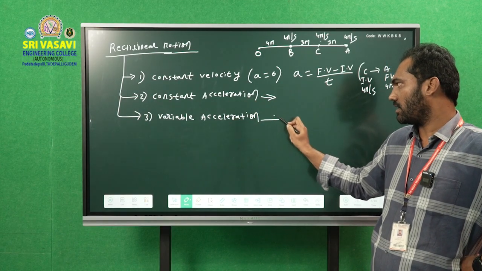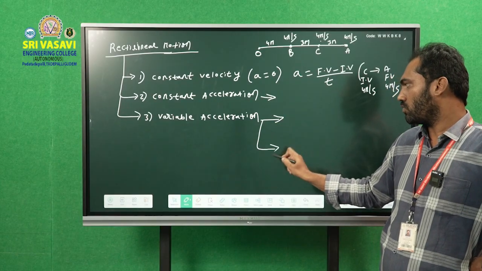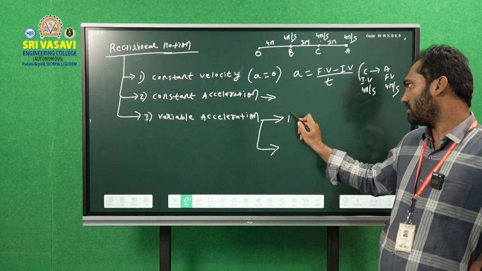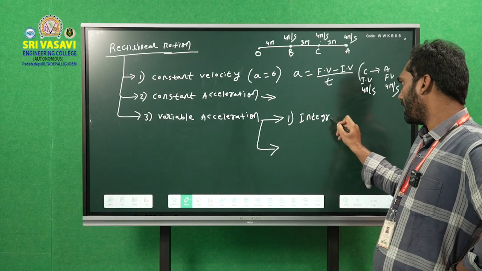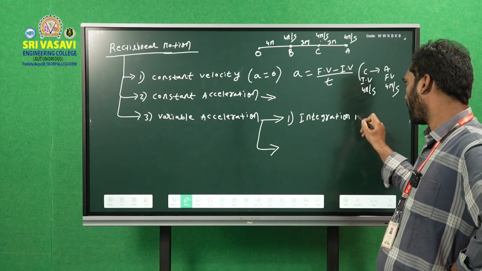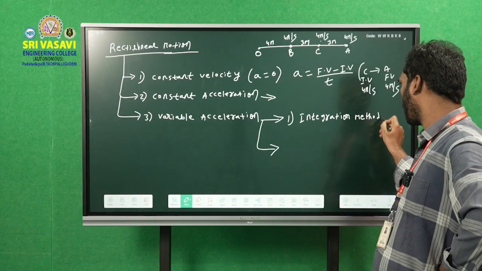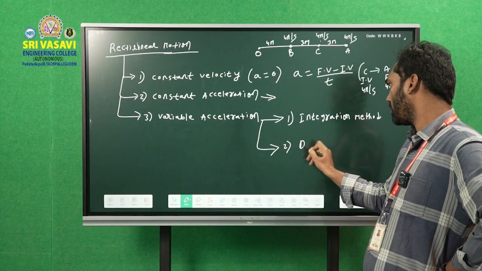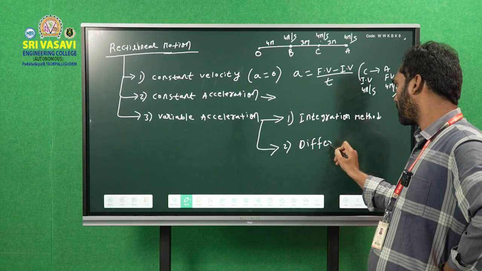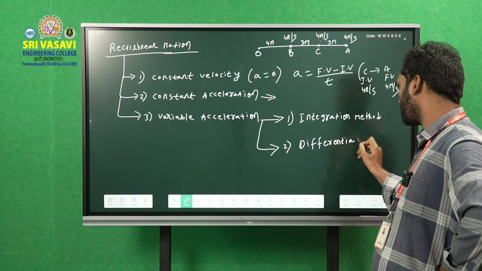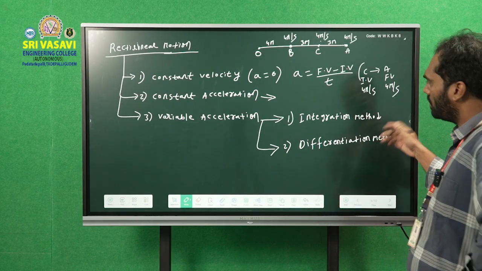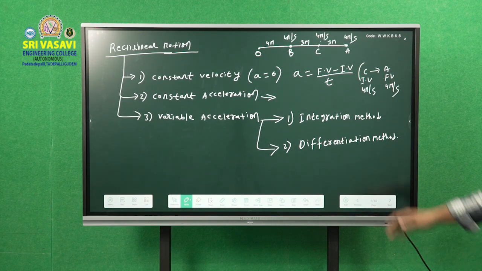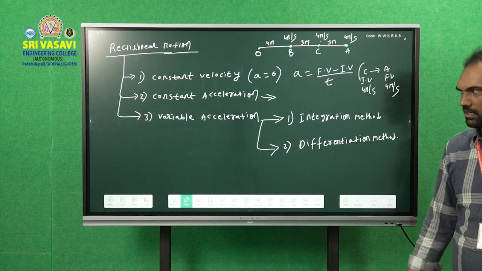In variable acceleration also, we will discuss two categories: first the integration method, and second the differentiation method. In further classes we will discuss rectilinear motion, constant velocity, constant acceleration, and variable acceleration.